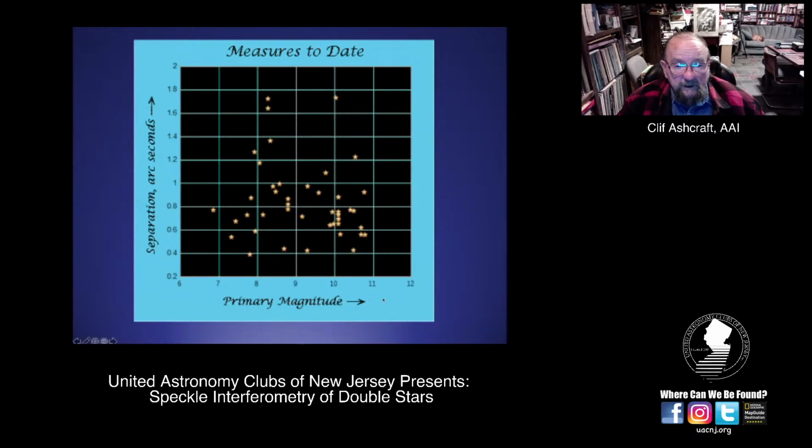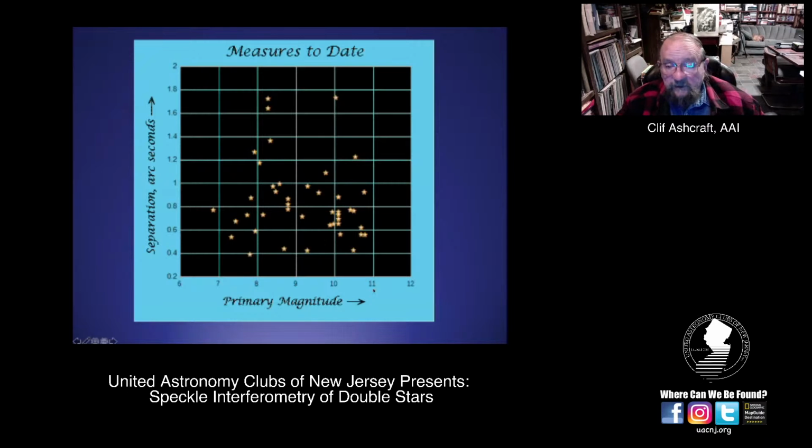You notice that I've got a floor of around 4/10 of an arc second, and it would be really surprising if I claimed to measure things down here, because that's better than the resolving power of my telescope, and this is not magic. You cannot beat the diffraction limit of your telescope. But I came pretty darn close to it with these 4 observations, and these were no slouches either.